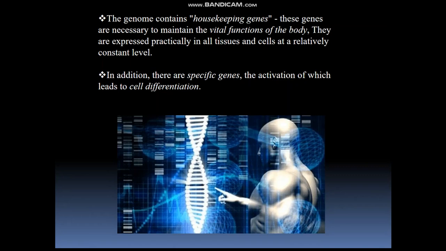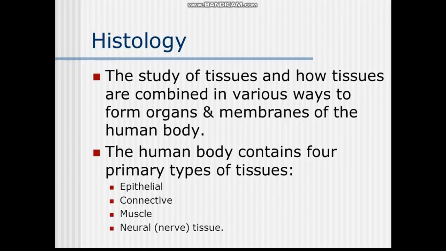These functions include protection, for example, from the environment, nutrient acquisition, communication, movement, renewal of senescent molecules, molecular catabolism, and energy generation. And in addition, there are specific genes, the activation of which leads to cell differentiation.